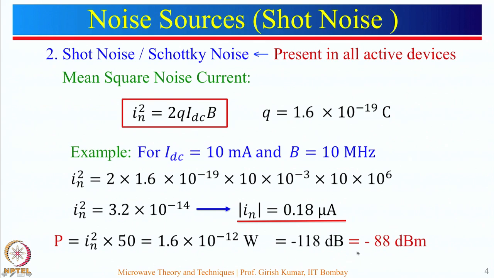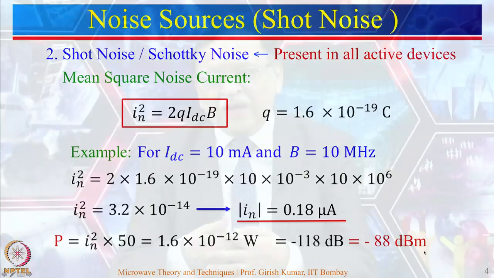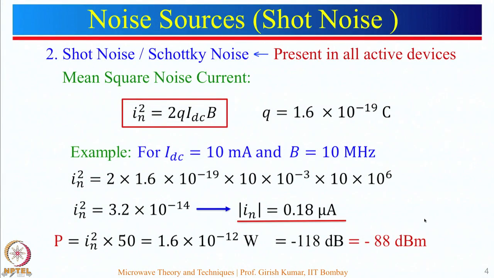So, you can see that this is a fairly large value if we think about mobile phone receiver sensitivity. So, that is why the majority of the time the first stage of the low noise amplifier does not use a biasing current of 10 milliampere. It may be of the order of 1 to 2 milliampere, and if we take this as, let us say, 1 milliampere, we will see that the value will decrease correspondingly.